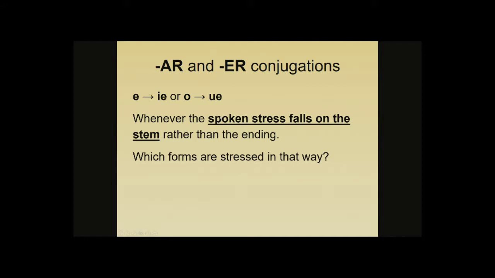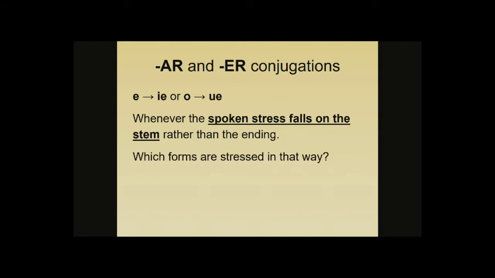Now what about nosotros and vosotros? They're stressed on the ending, aren't they? Yeah. So that's why you don't get a change, at least not in the indicative. And what about the third person plural? Is that stressed on the stem? Yes, it is. So you always get a change there, don't you?